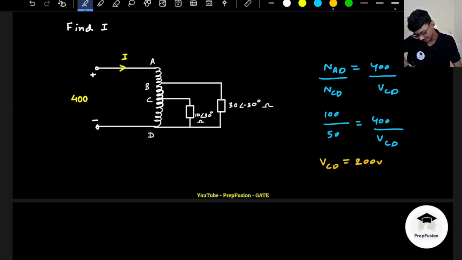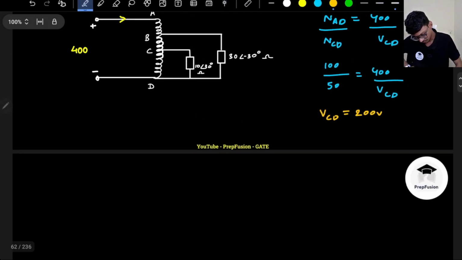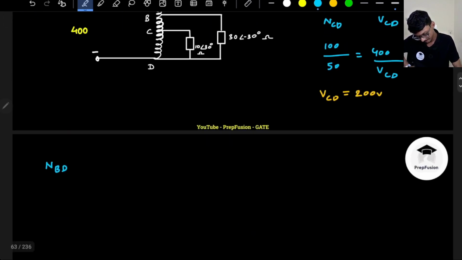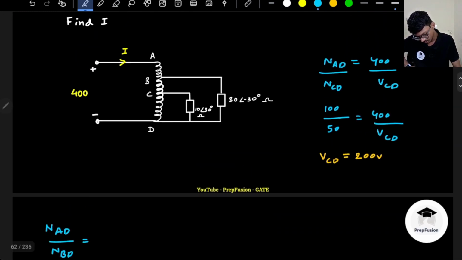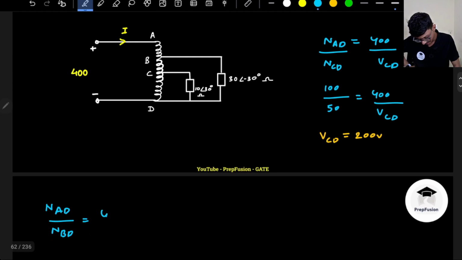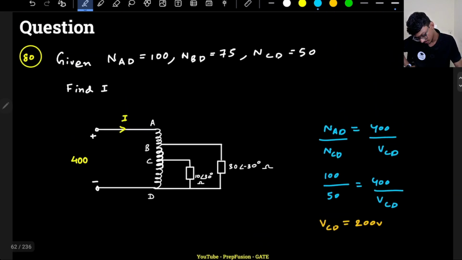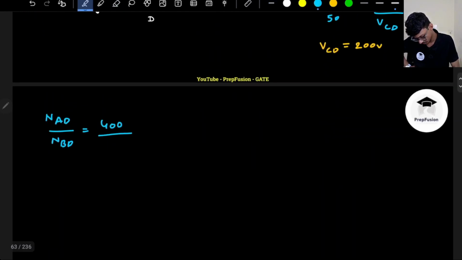What about VBD? NAD upon NBD will be equal to what? It will be equal to 400 volts, again the input, divided by VBD. The number of turns in BD they have given is 75. Yes, so it is 75. This is the value that I need to find out, VBD.